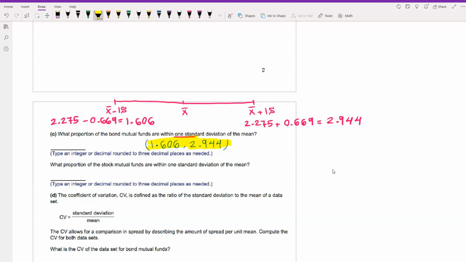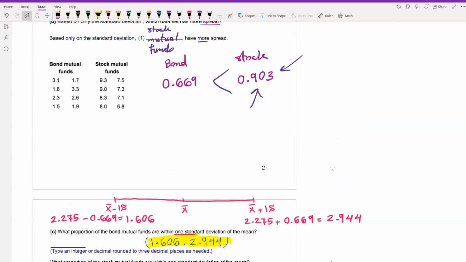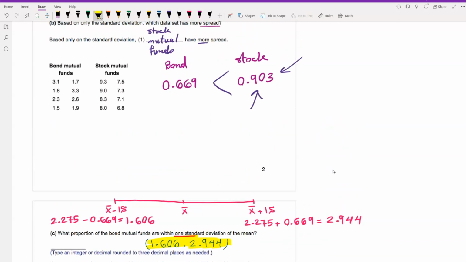Now based on what we have here on this part, and the numbers that we have for bond mutual funds, we have to see what numbers are within one standard deviation.